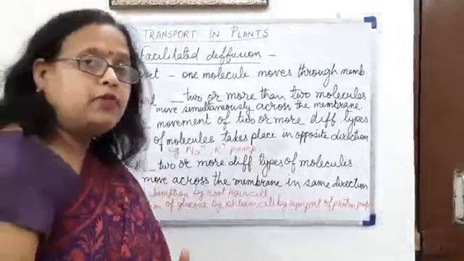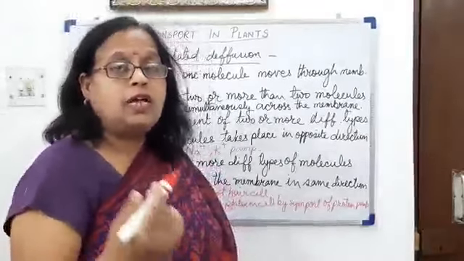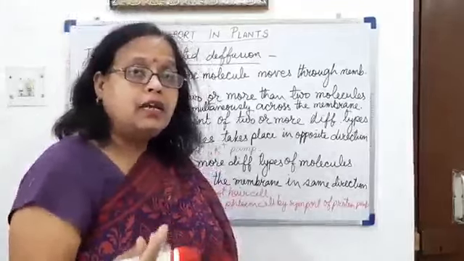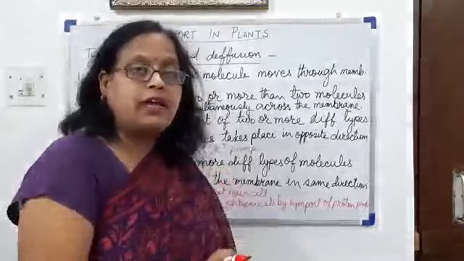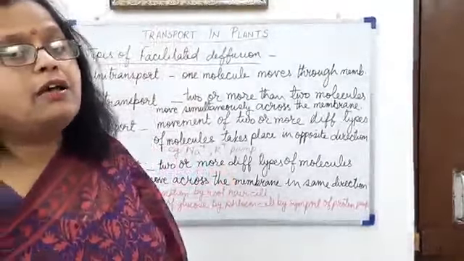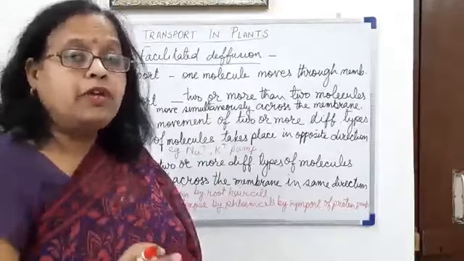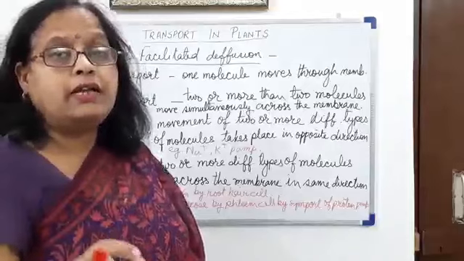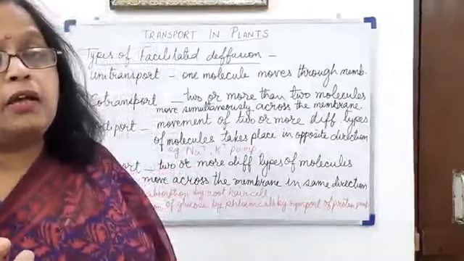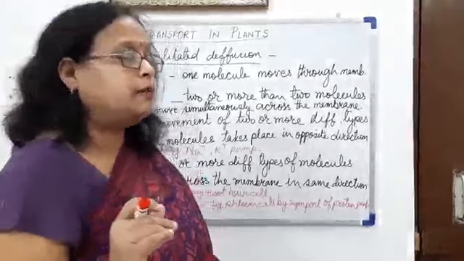In the absorption of minerals by root hair cells, water molecules along with a lot of different types of ions are moving inside the cell across the cell membrane. So this will be the symport, means different types of ions are moving inside together at the same time in the root hair cell at the time of absorption of water.